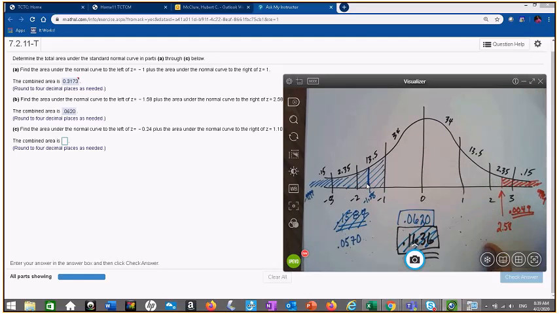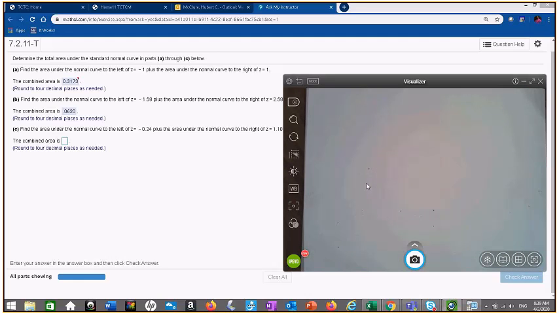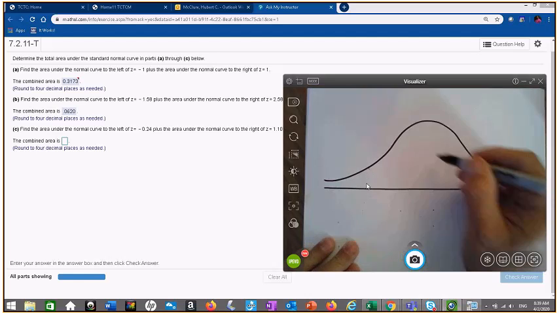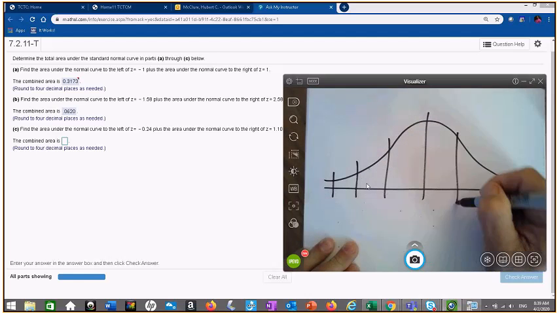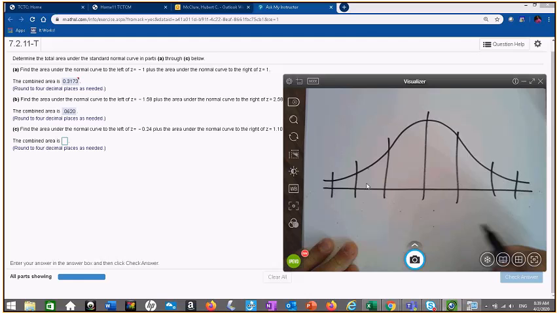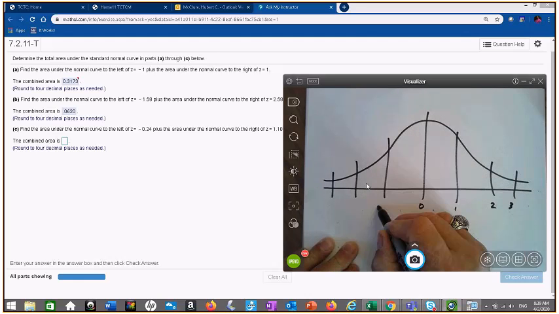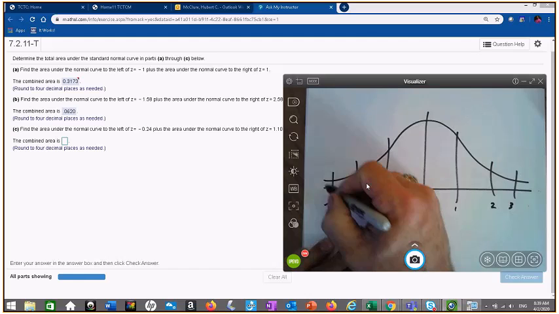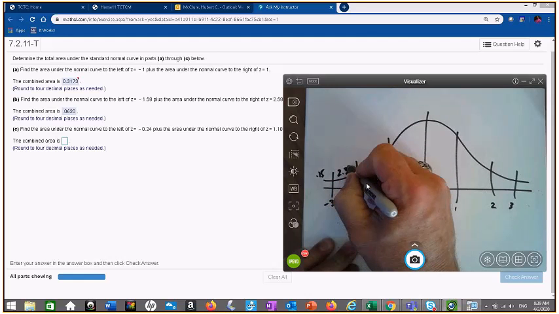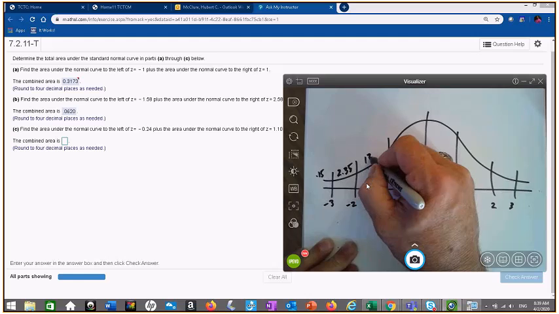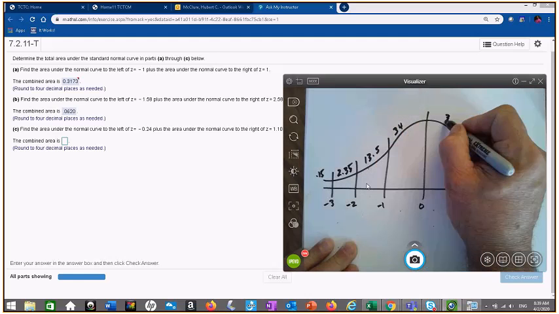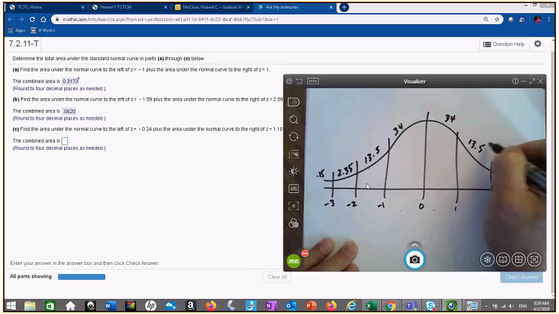Okay, now it says, let's draw another curve. I don't know why they just don't make 3 separate questions. I don't know why they have to put 3 questions in one problem. 0, 1, 2, 3, -1, -2, -3, 0.15, 2.35, 13.5, 34, 34, 13.5, 2.35, and 0.15.